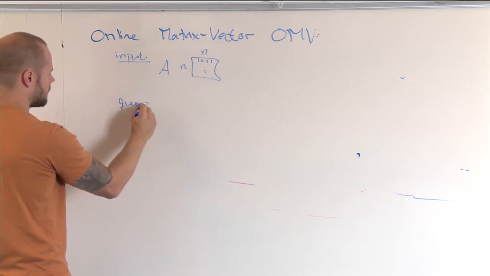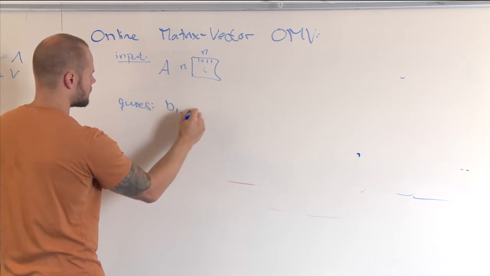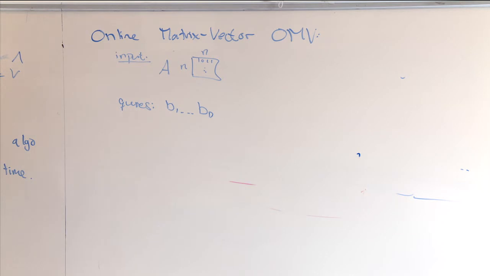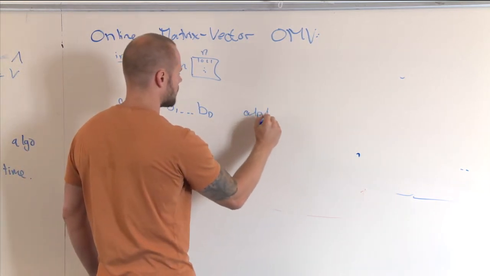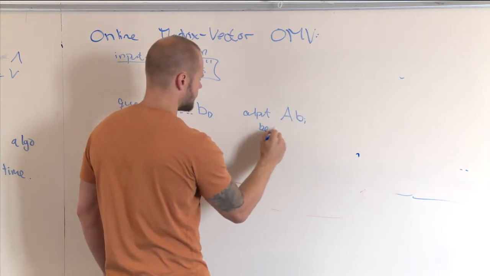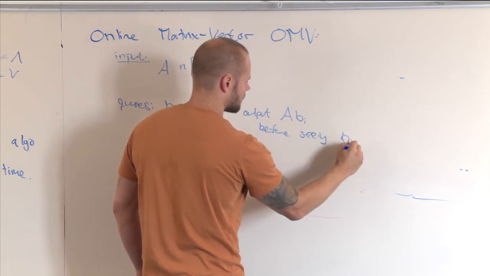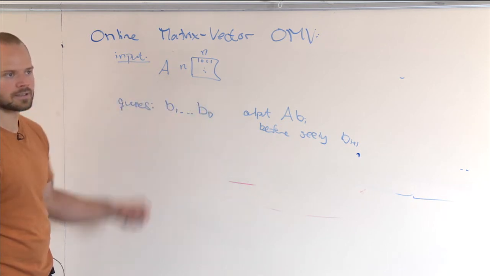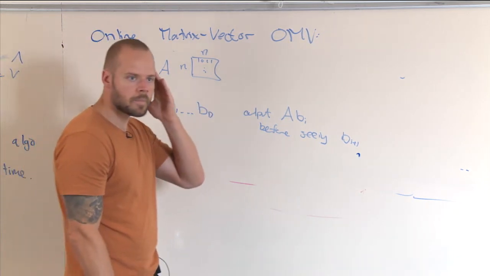You're going to get n queries, B1 to Bn, one at a time. Think of the columns of B. The goal is to output A times Bi before seeing Bi plus 1. So it's basically a static data structure: pre-process A into a data structure, and then your queries are matrix vector multiplication queries.